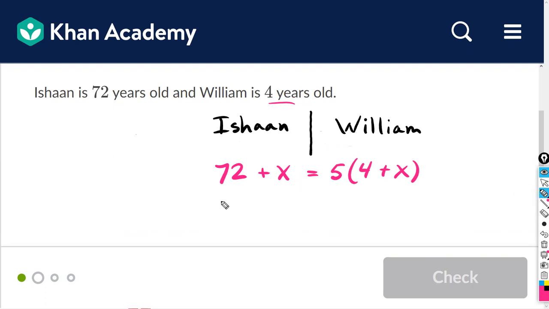Okay, so we have 72 plus X. On the right, we need the distributive property. 5 times 4 is 20. 5 times positive X is 5X. Okay, and we want the variables on one side and the constant numbers on the other. So here we have plus X. We're going to do the opposite on both sides.